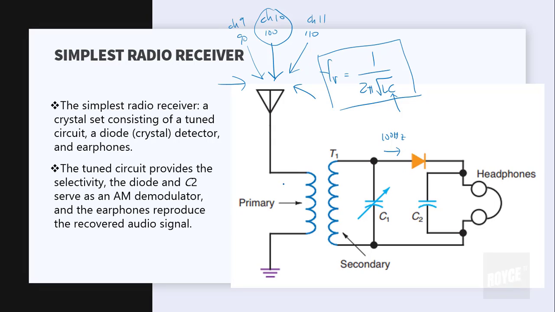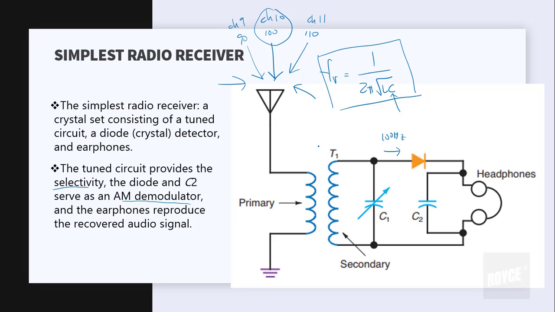So, tatlong stages ay 4, antenna, tuned circuit, provides selectivity, diode and capacitor C2 acts as the demodulator, and the headphones is actually our load. Yun nga lang, imbes na resistor nakalagay dyan, headphones, this is also a transducer that converts electrical energy into audio wave. Now, meron na tayo ngayong simplest radio receiver.